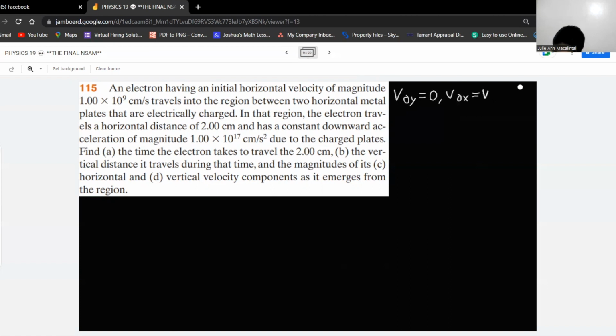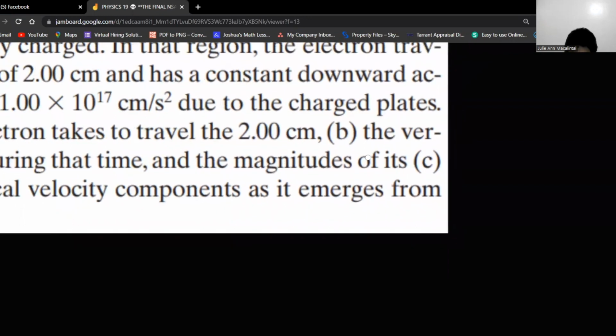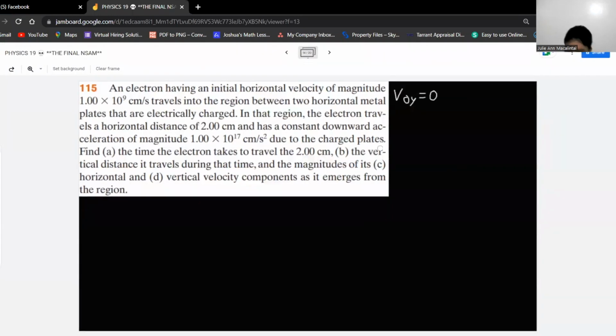Okay, for this problem, what is the acceleration due to gravity in centimeters per second squared? 9.8 m/s squared, but here we use 100 factor, so 980 cm per second squared. If you look at the numbers, the acceleration of the electron due to the electric field is much, much greater than 980 cm per second squared. So for this problem, it's a good approximation to ignore gravity.